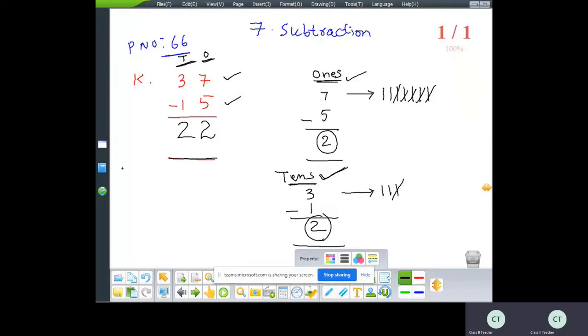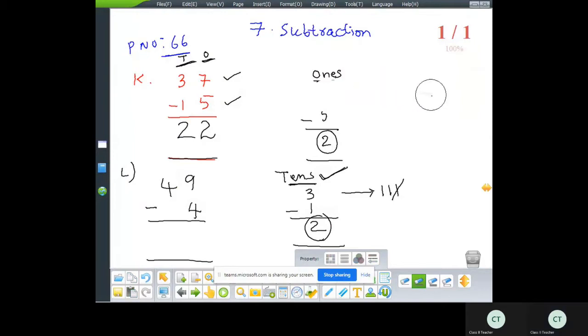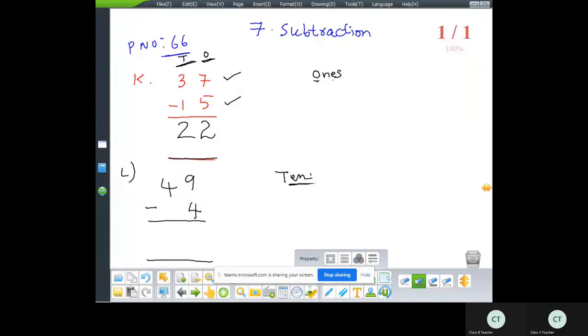Now L. Problem L: 49 minus 4. 49 minus 4.